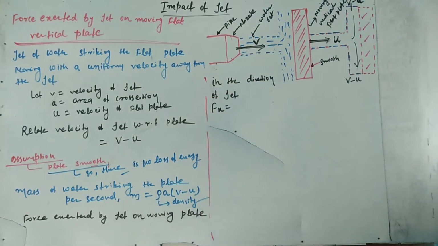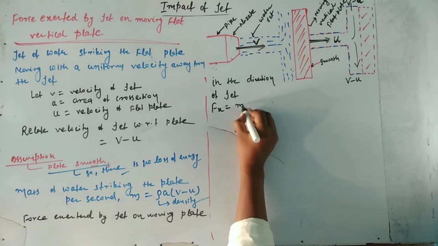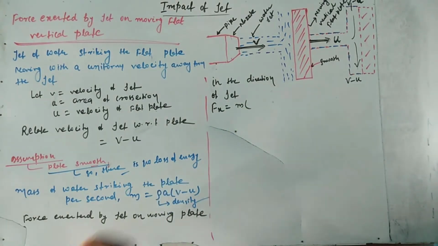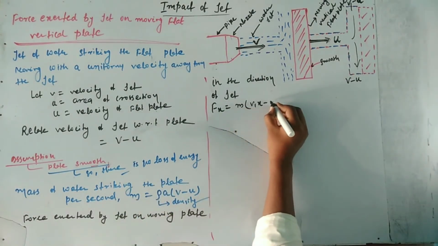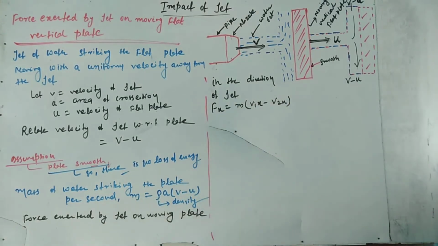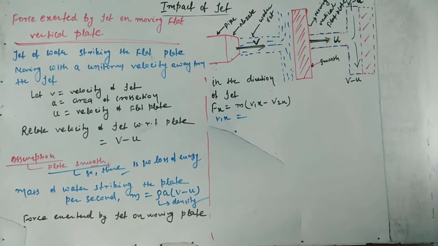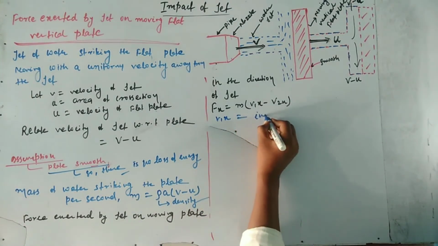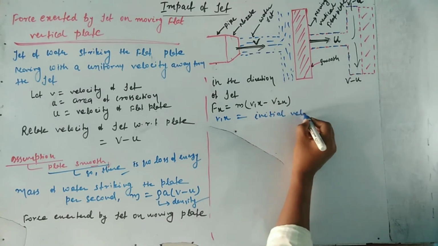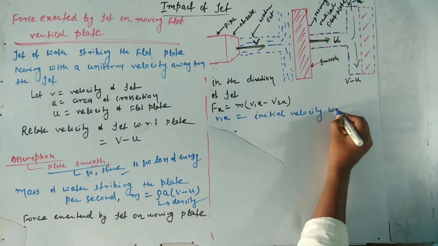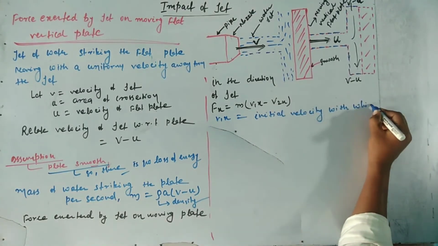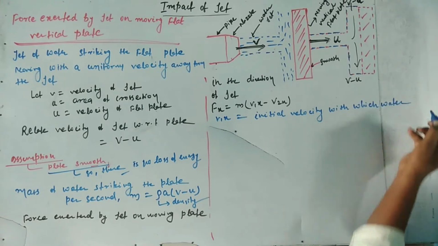Fx is equal to mass flow rate into change in velocity, that is v1x minus v2x, where v1x is the initial velocity with which water strikes.